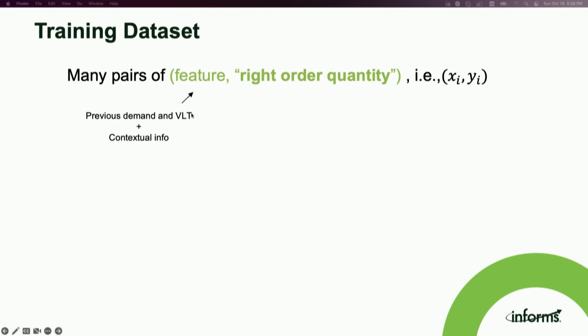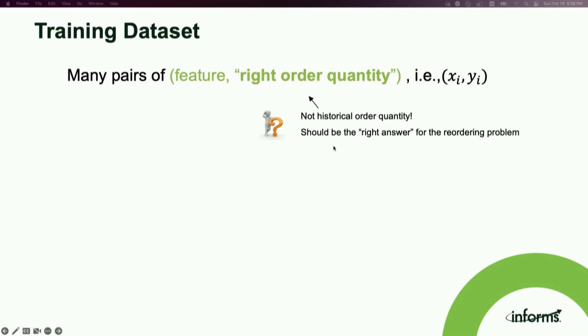We can obtain them from previous observations of demand and vendor lead time, and we can also use contextual information. But how do we get the right order quantity is a question. We don't want to use historical order quantity, because that makes no sense; it should be the right answer for the reordering problem.